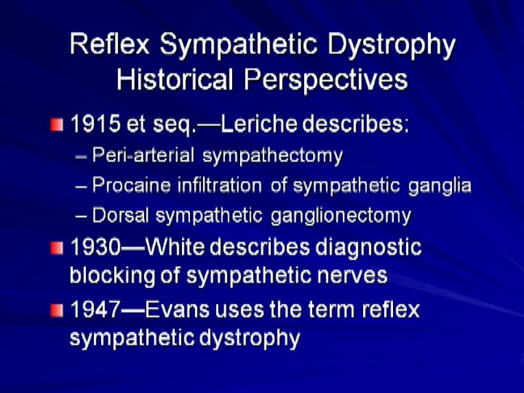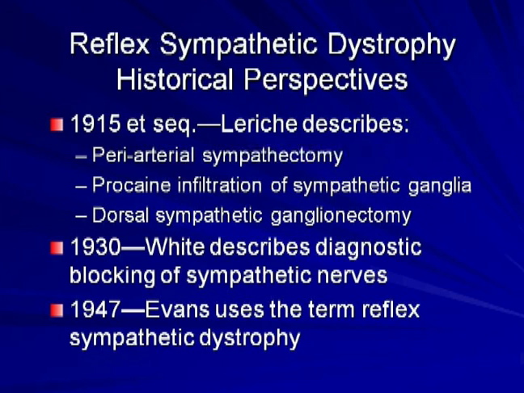Then White described, in 1930, the first nerve block done percutaneously of sympathetic nerves. And so he said, well, maybe we can figure out who will respond, because obviously not everyone who had the surgery responded to surgical treatment. There were patients who had the surgery, some responded, some didn't.